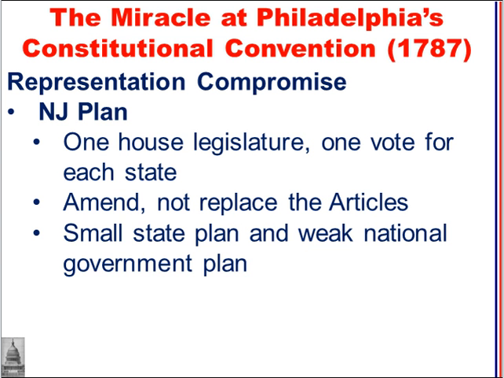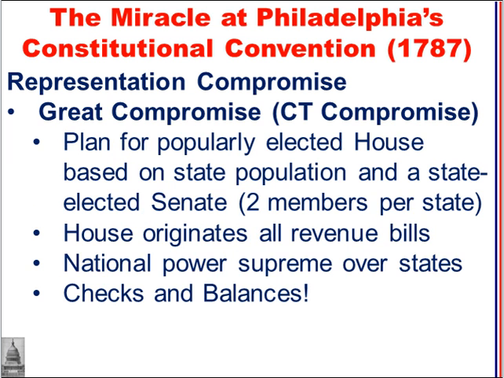So there had to be a compromise between these two competing plans. And the compromise that gets worked out is called the Great Compromise. It's also called the Connecticut Compromise. It's a decision made during the Constitutional Convention to give each state the same number of representatives in the Senate, regardless of the size of the state, and representation in the House was determined by population.